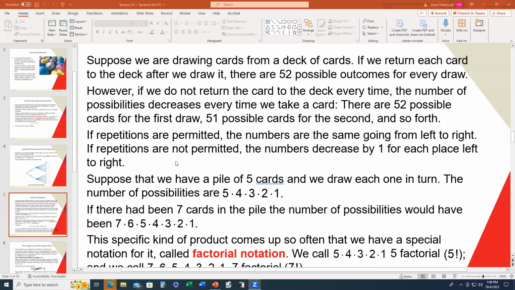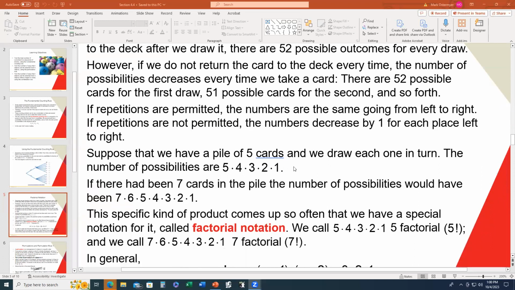Suppose that we have a pile of 5 cards and we draw each one in turn. The number of possibilities is going to be 5 times 4 times 3 times 2 times 1. If there had been 7 cards in the pile, then the number of possibilities would have been 7 times 6 times 5 times 4 times 3 times 2 times 1 ways of drawing these 7 cards.